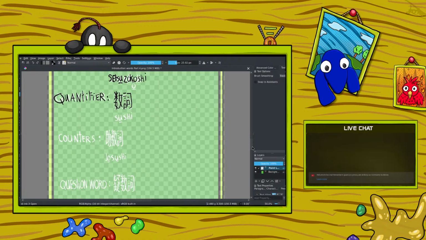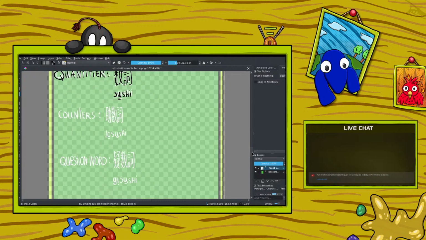And then of course we have counters. That is then joshushi. So I'm going to be doing that one. Translate that just in case.